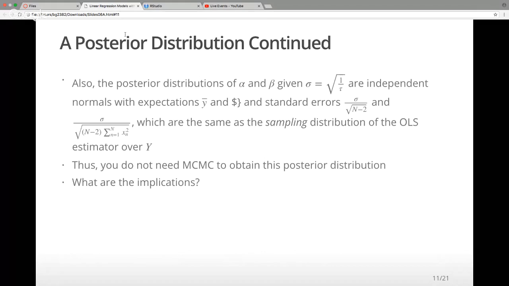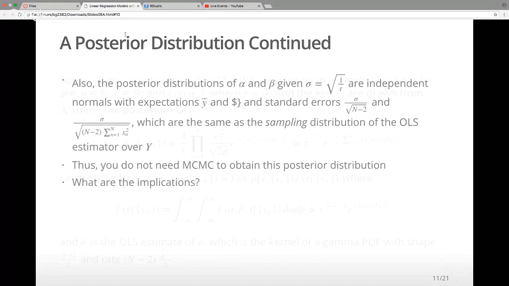And the standard errors of those two that go into the normal distribution are the same as the standard errors that you get for OLS, namely sigma divided by the square root of n minus 2 is your standard error for the intercept, and sigma divided by the square root of n minus 2 multiplied by the sum of squared values of x. That's the standard error for the normal distribution for beta.